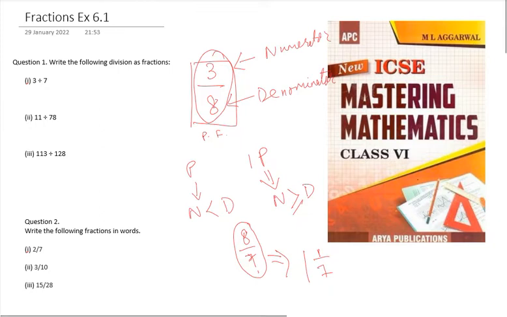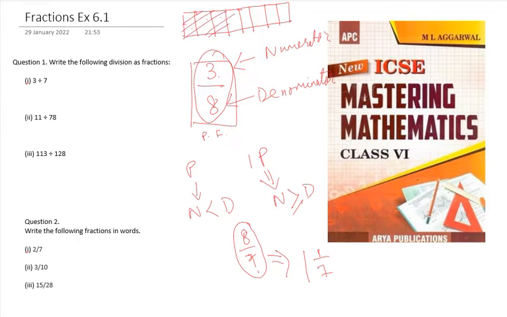Or if I show you the diagrammatic representation, suppose I have a block divided into 8 parts, and 3 by 8 part is to be calculated. So this is the 3 by 8 part. I've shaded 3 parts and the remaining are 4, 5, 6, 7, 8.